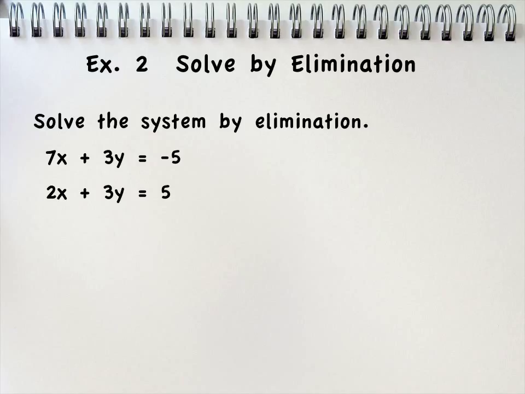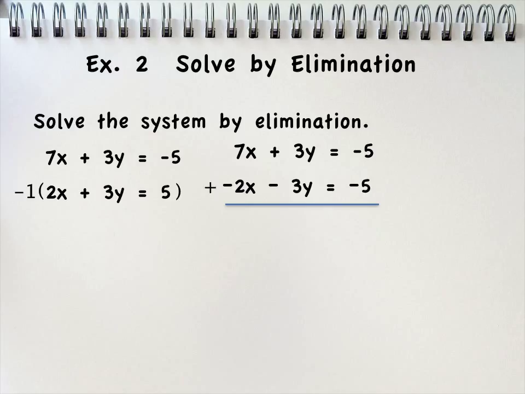I feel like there are fewer errors made, but I want to multiply that bottom equation by -1 to change the sign of the y's. Now when I add, the y terms will cancel out, they will eliminate, and my x terms will be 5x equals -10, so x equals -2.